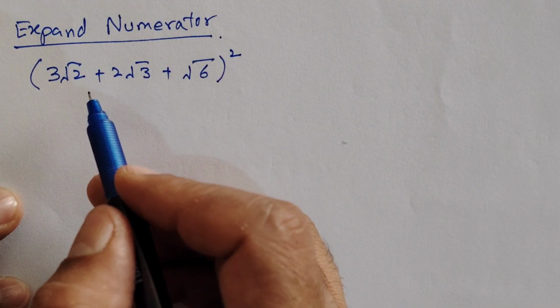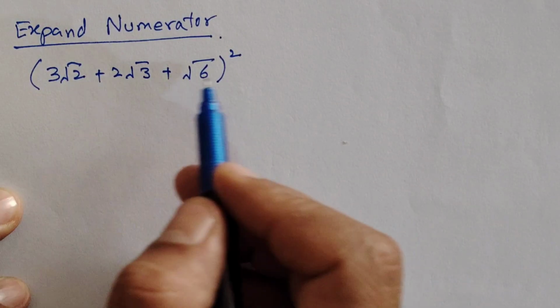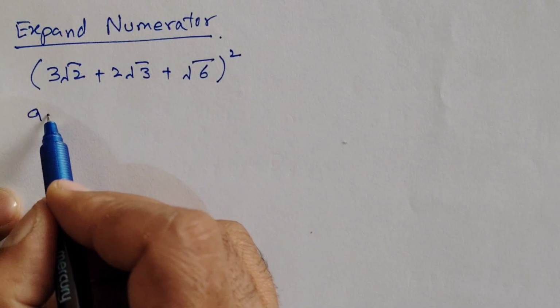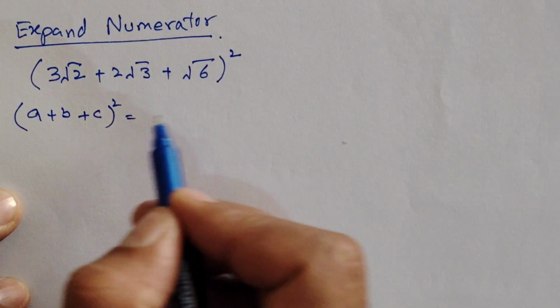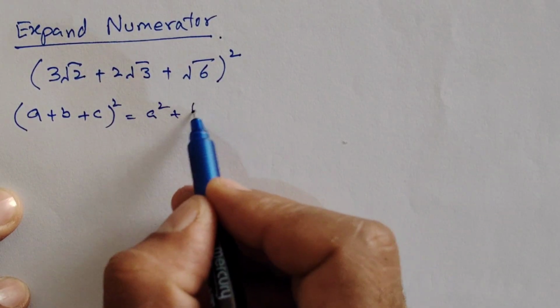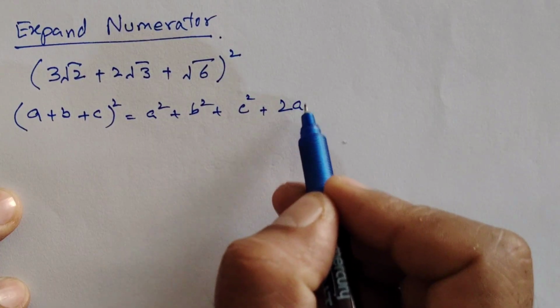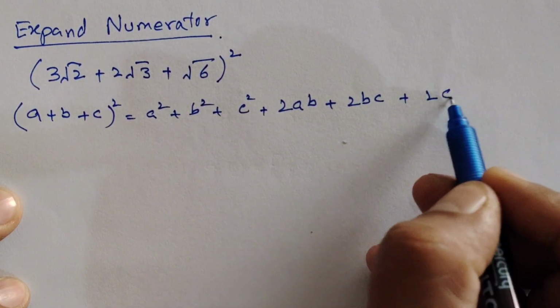According to this equation, as we know, a plus b plus c whole square is equal to a square plus b square plus c square plus 2ab plus 2bc and plus 2ca.